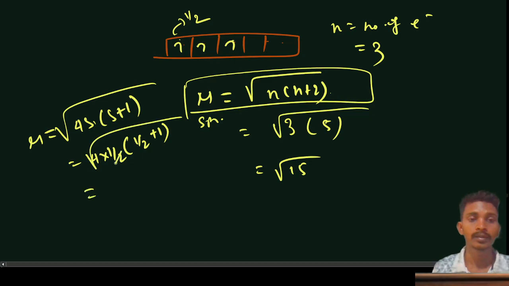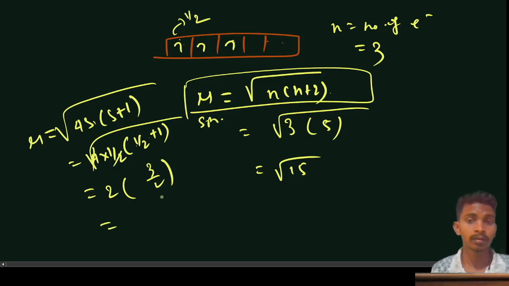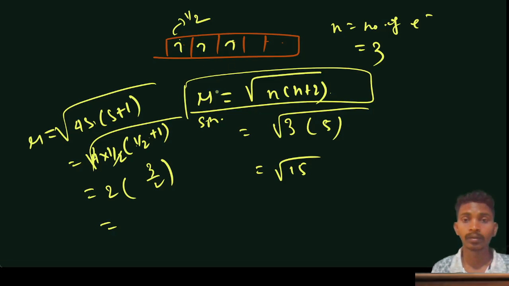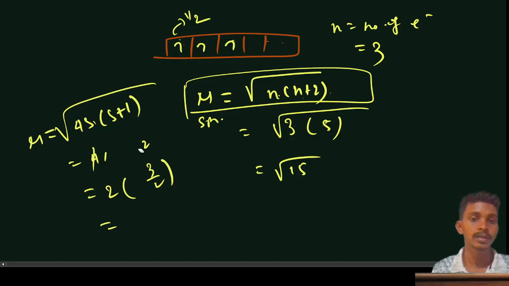Likewise, we have to take it, that is 2, and this is going to be 3 upon 2. Any problems here? That is n is 3, and this is 3 into 3 plus 2, 5, root 15. Okay, here this is 4, this is half. Yes, you have to take, this is how many electrons?